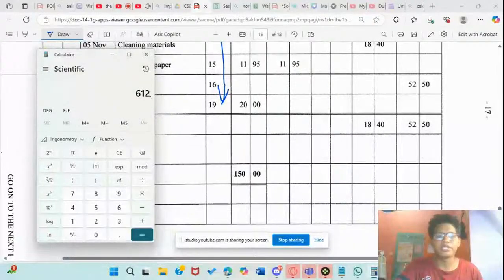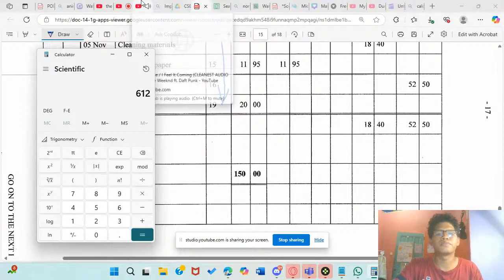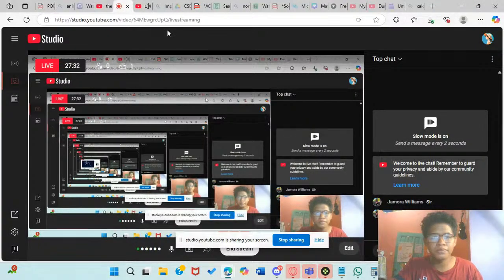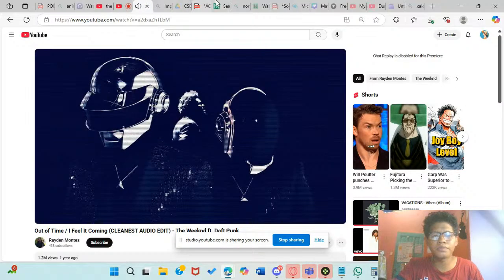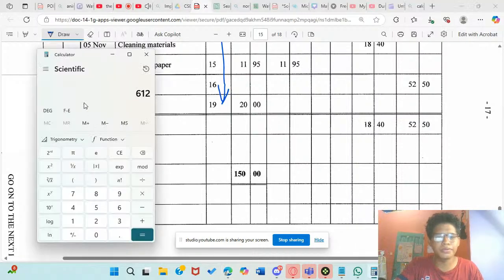Calculate, it's not working for some reason. All right, let's make sure that we could get this calculator to work. Might have to go streamer because of this. Let's hope that does not happen.